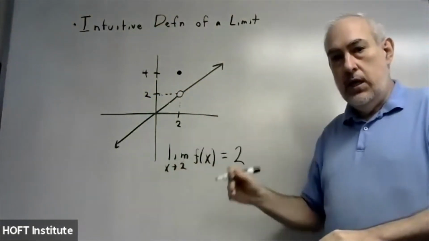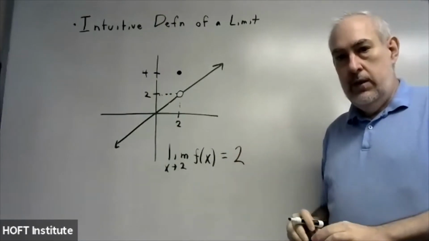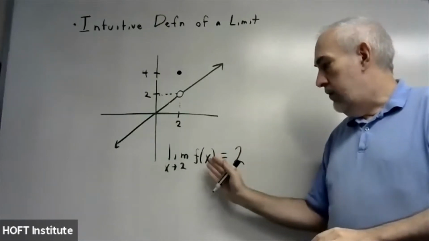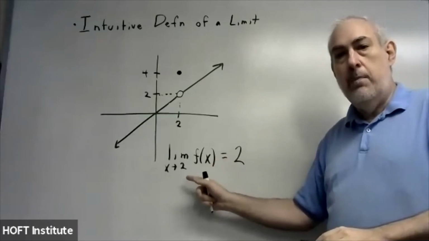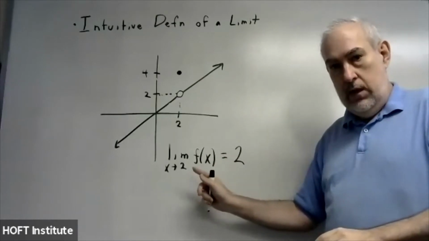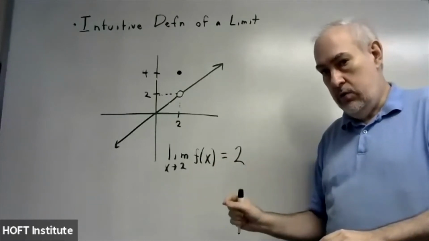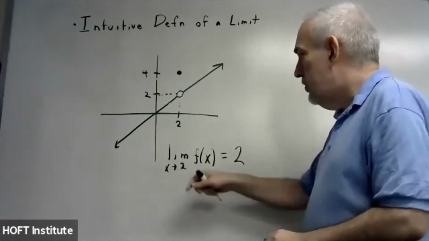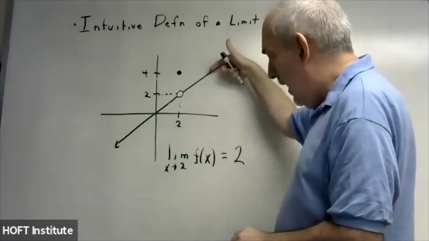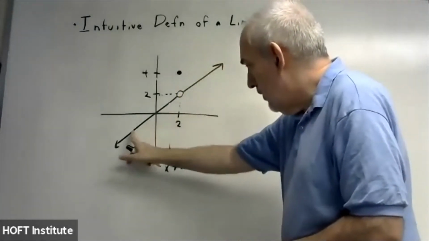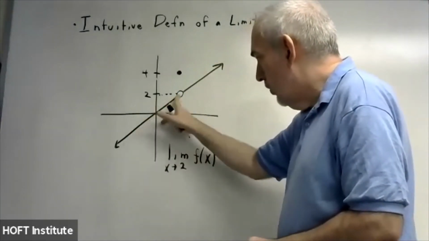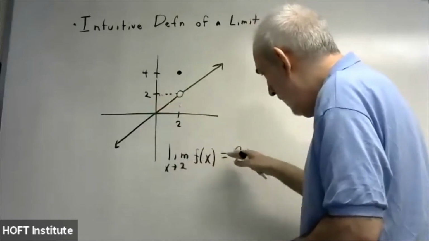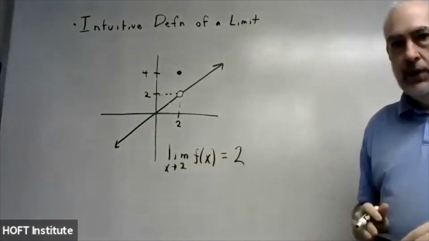This does not change the value of the limit. The limit only cares where the function is heading towards as x is approaching 2, not at 2. Okay? So, as we approach 2 from this side, we're approaching a height of 2. When we approach x equals 2 from this side, we're also approaching a height of 2. And so this limit is going to be 2.